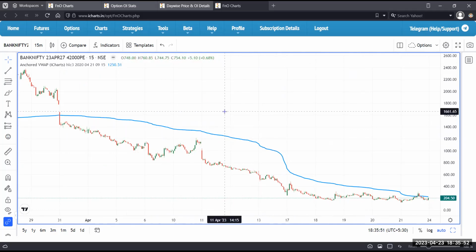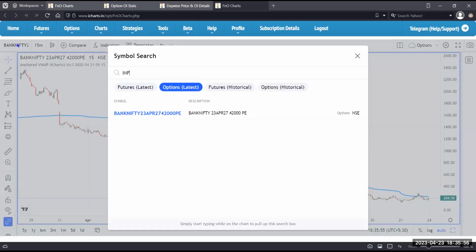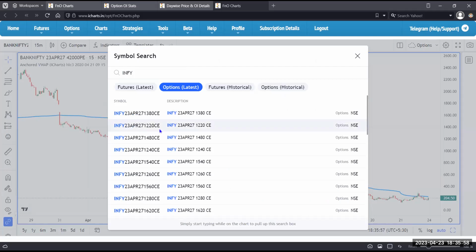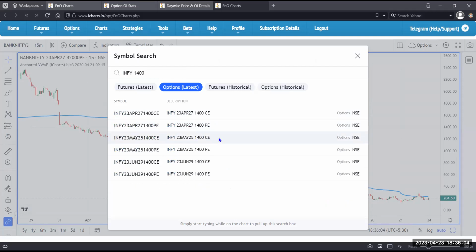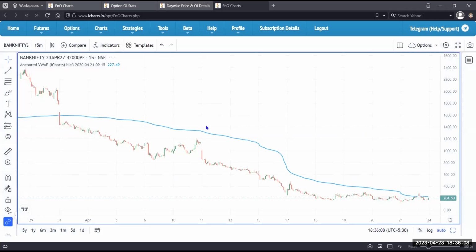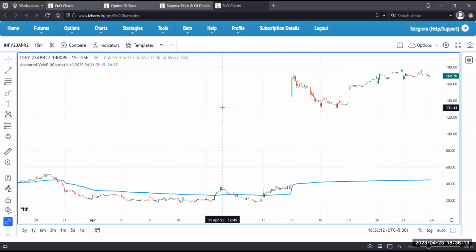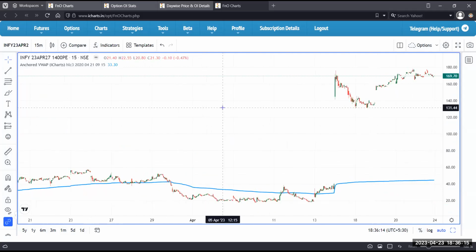If you see the Infosys 1400 C and P just before the expiry day, the put was at 1400 because Infosys was around that level that day. The put sellers, 1,000? Yeah, Infy 1400 P. This was on the result day. It basically broke out and continuously sustained.